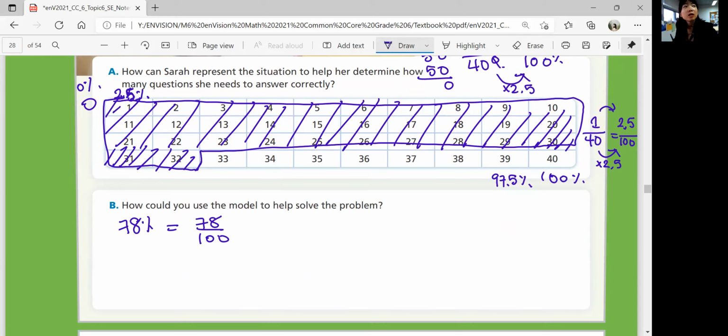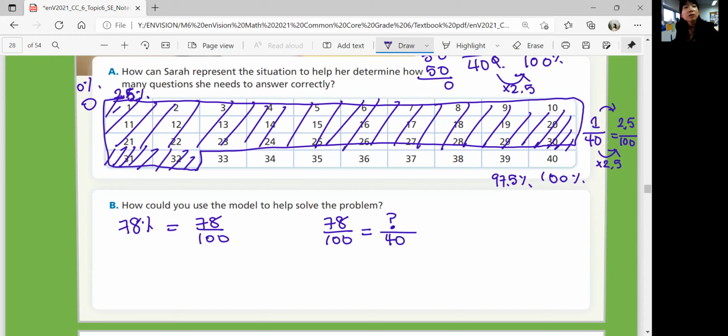Okay, so and you can use equivalent fraction. 78 out of 100 is equal to how many questions in 40 out of 40 questions.